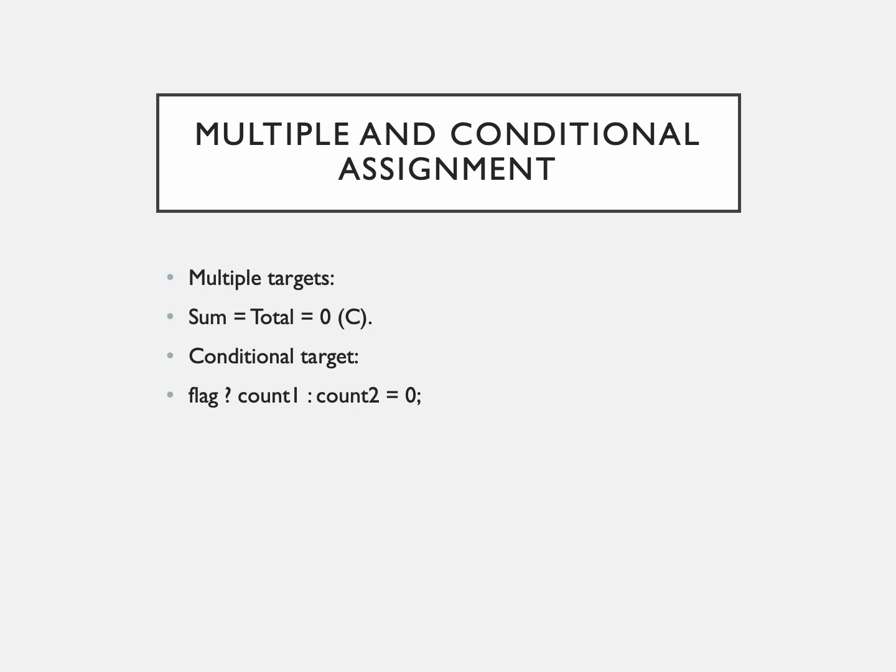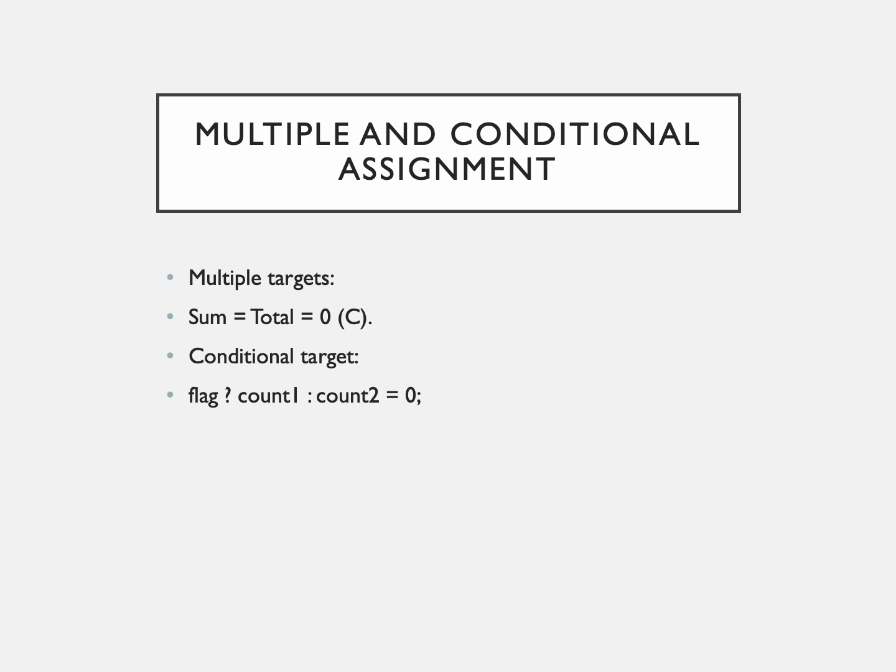Okay, now let's look at two useful variations of assignment in programming: multiple assignment and conditional assignment. Multiple assignment is chained assignment. This feature allows you to assign the same value to multiple variables in a single line. We just saw it in our previous slide.